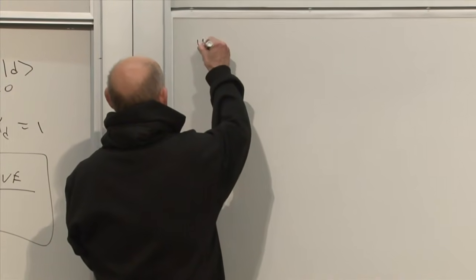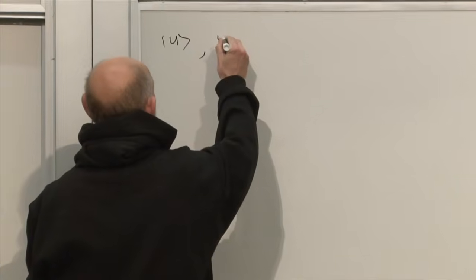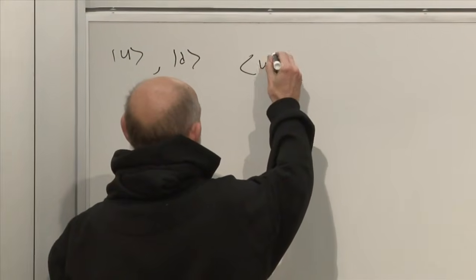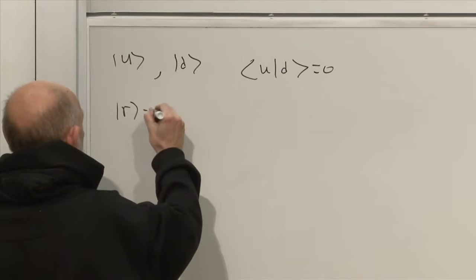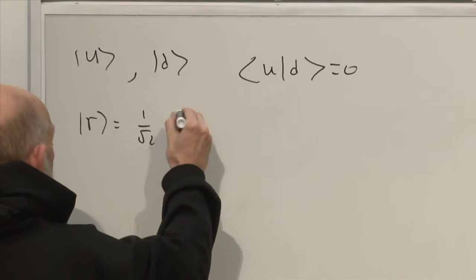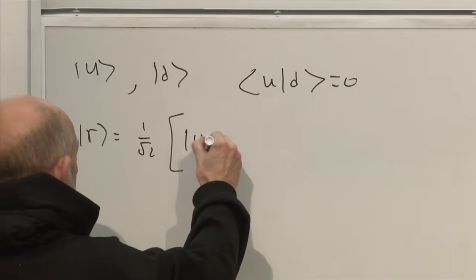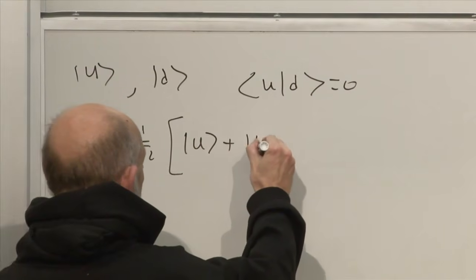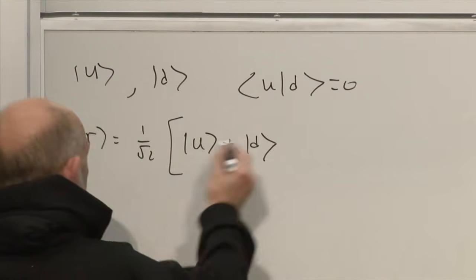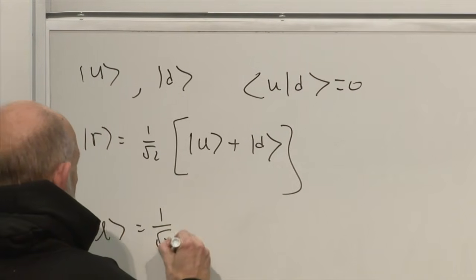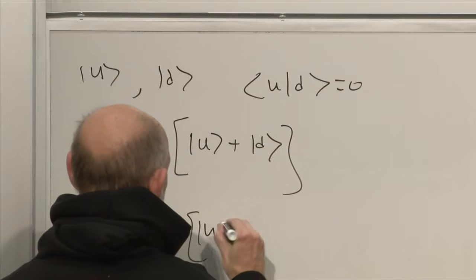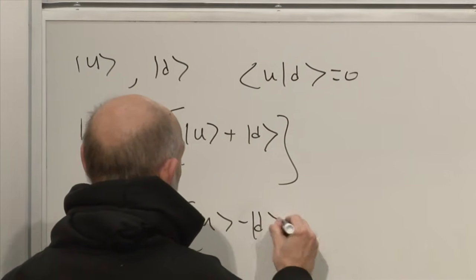We have up and down, and they're orthogonal to each other. We have right and left. Right is equal to 1 over square root of 2 times up plus down. And left, same thing, 1 over square root of 2 times up minus down.